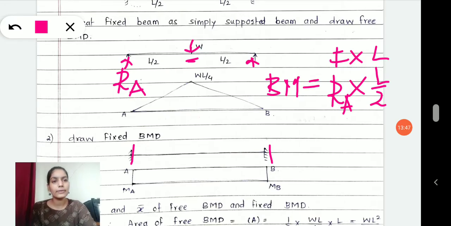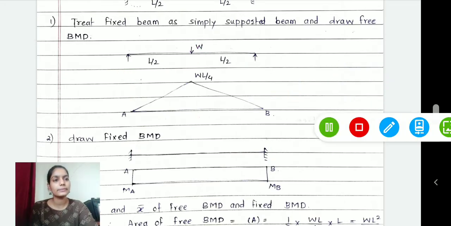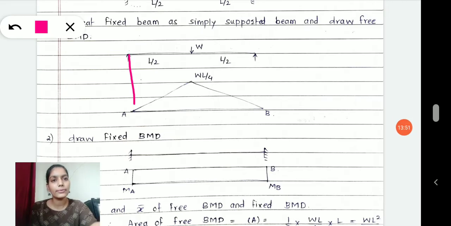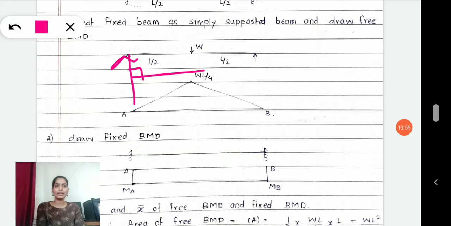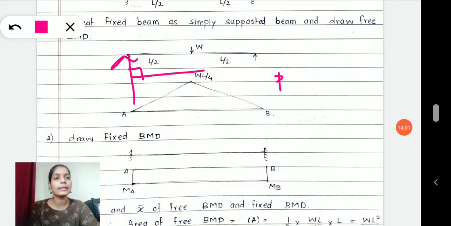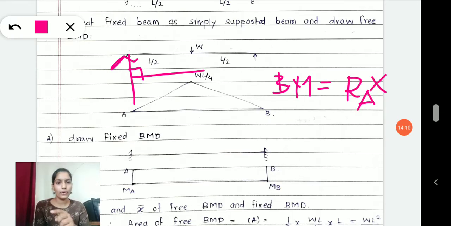If this is my force, this is the direction of force, what will be the perpendicular distance? Obviously L by 2 at the load W. Right, therefore bending moment will be equal to force, reaction RA, into horizontal distance L by 2. Horizontal distance L by 2.